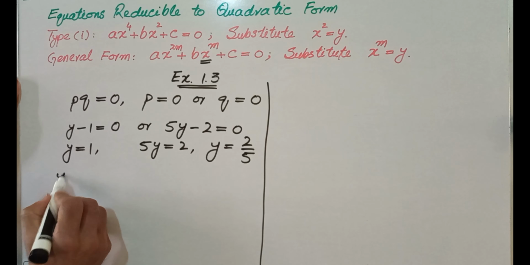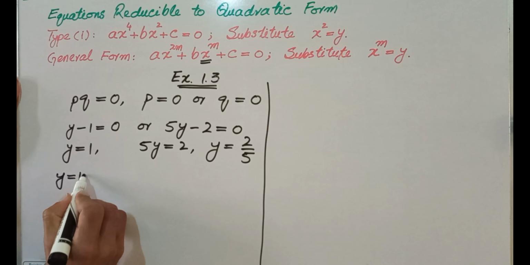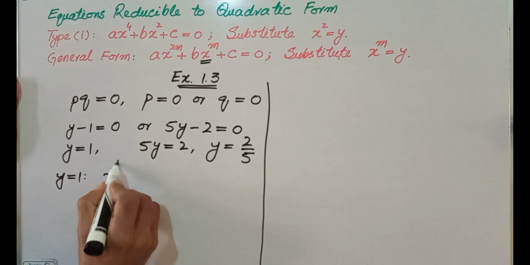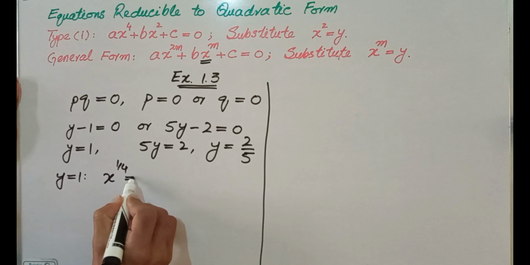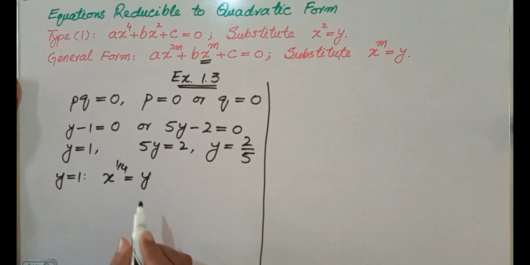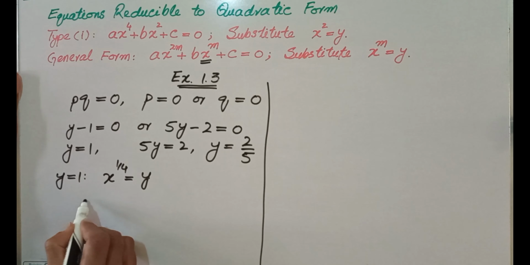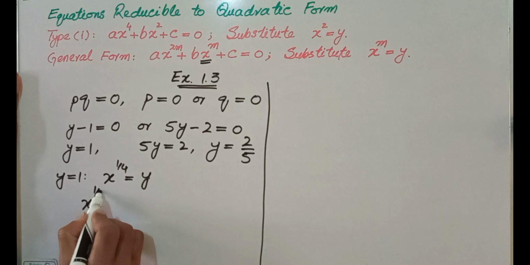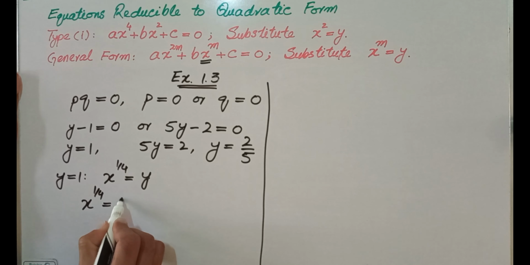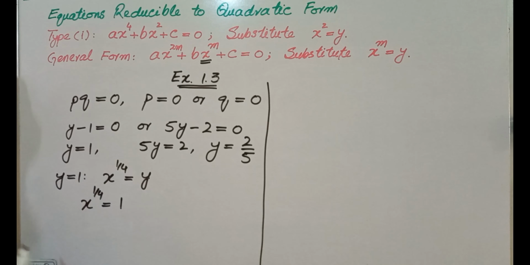If we take y is equal to 1, then x to the power 1 over 4 equals y, which becomes x to the power 1 over 4 equals 1, replacing y with 1.